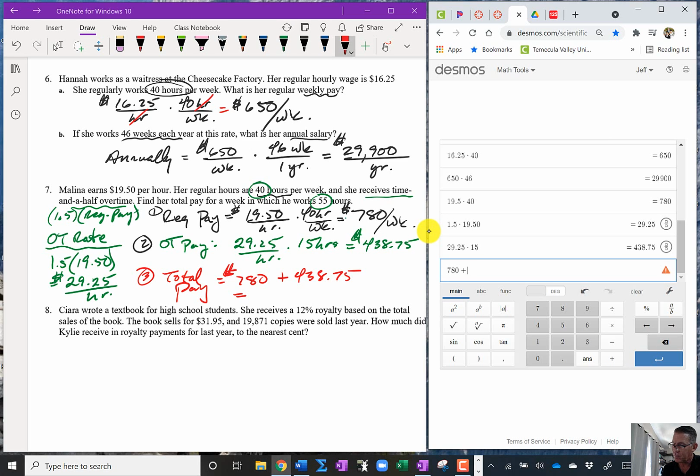When it comes to computers or calculators, incorrect input gives you incorrect output, and correct input gives you correct output. So you've got to do it right. You get paid $1,218.75 total. You take your regular pay plus your overtime pay to get the total pay. And that's how it's done.